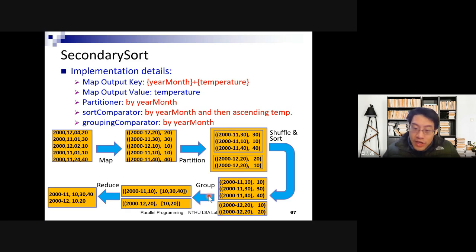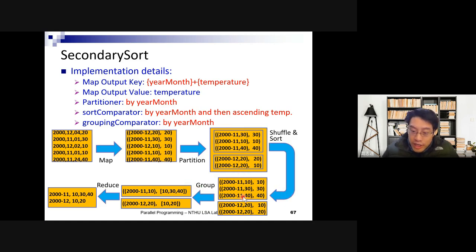Same thing for the grouping function. We only do the grouping according to the first part of the key. That's why they can collect all the temperatures of the same month together for the reduce function. And remember the framework has a sorting step. By default, it uses a merge sort.